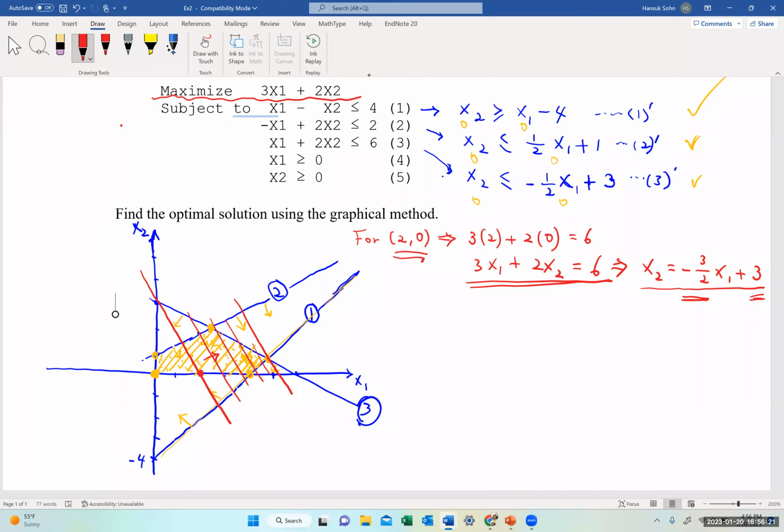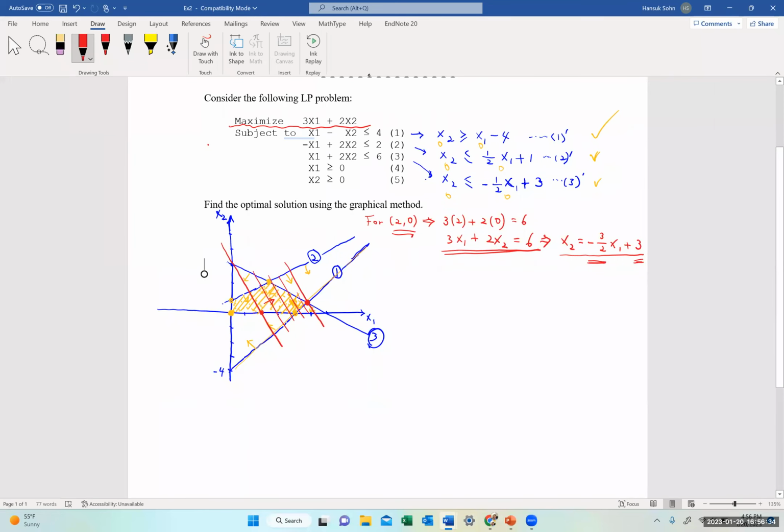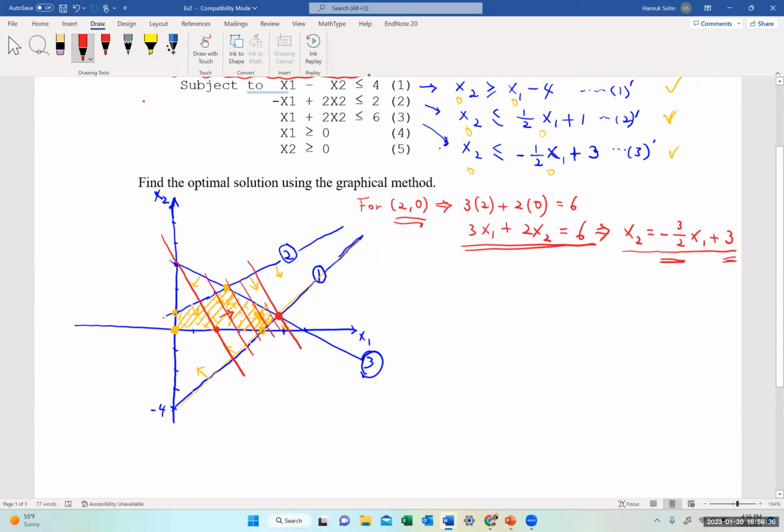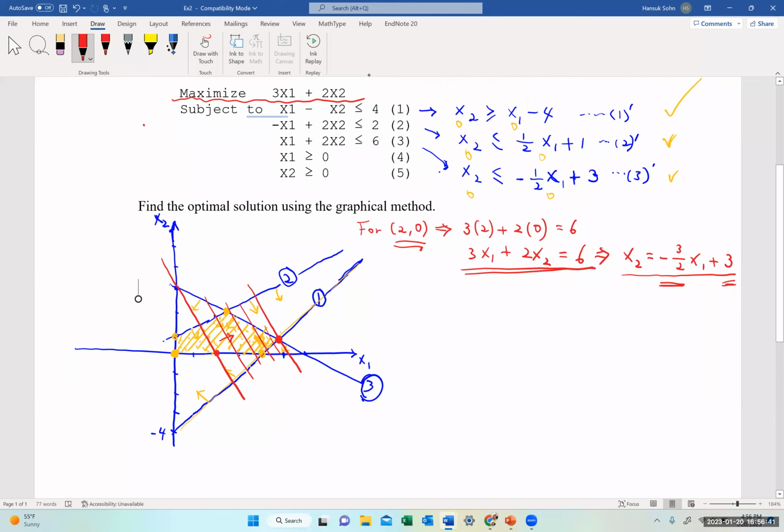This is going to be the last isovalue line touching the feasible region, right? So this is going to be our optimal point, okay?